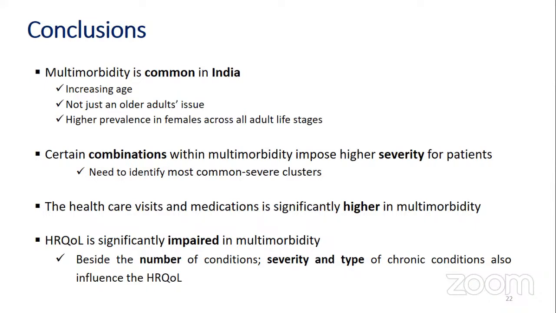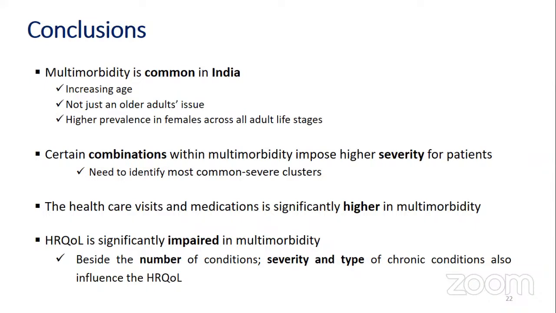So, in conclusion, multimorbidity is common in India, and it increases with age. It is not just an older adults' issue, as we have seen in several studies with age group 18 plus, that even those people have multimorbidity. And also in the latest guidelines or policy, it is suggested that all individuals 30 years of age should be screened for non-communicable diseases.